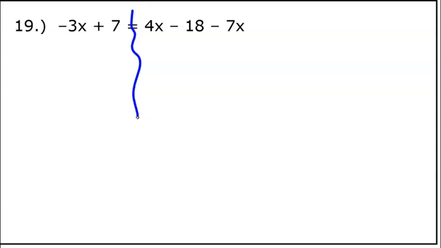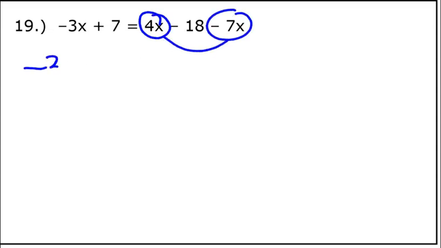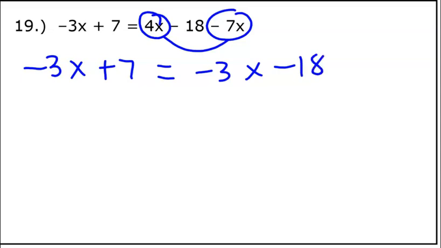Again, for the next question, I have 3 terms on one side. The most you can have is 2. So I'm going to combine like terms here. I'm going to leave the left side exactly how it is. 4x's minus 7x's is negative 3x's. Now you may notice something already. My left side and my right side have matching variable terms.